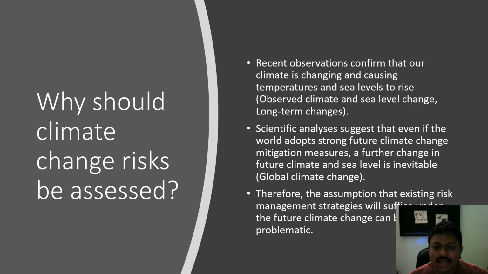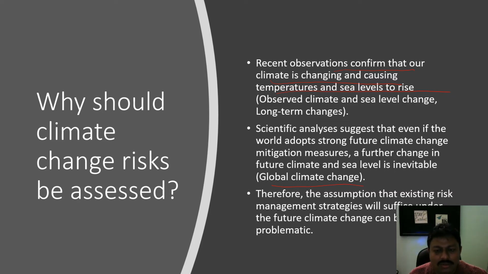Now I have discussed all these things. Research observations confirm that the climate is changing and causing temperature and sea level to rise. Scientific analysis suggests that even if the world adopts strong future climate change mitigation measures, a further change in future climate and sea level is inevitable. That means climate will change. We cannot revert back. So that is why risk assessment measures have to be taken, mitigation measures have to be taken, risk analysis has to be done.